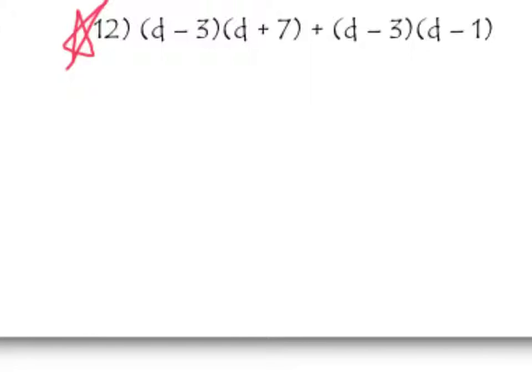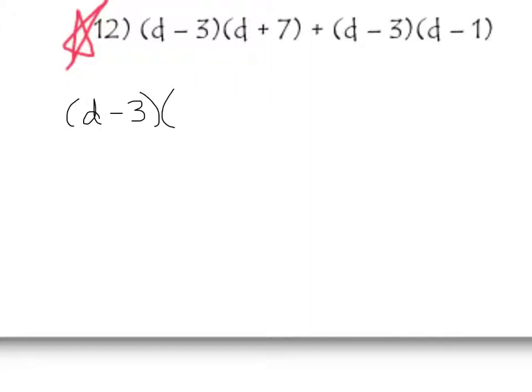Okay, number 12, we're going to look at this. First, we see something odd here. So we're going to look for greatest common factor, and in this case it's d minus 3. And we did this on the greatest common factor video.